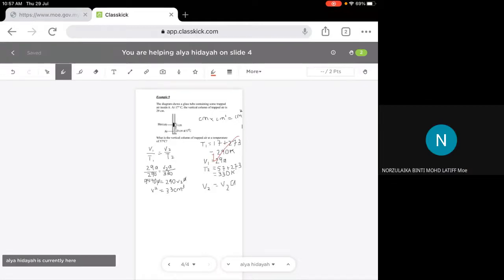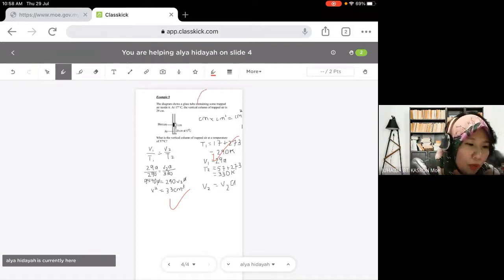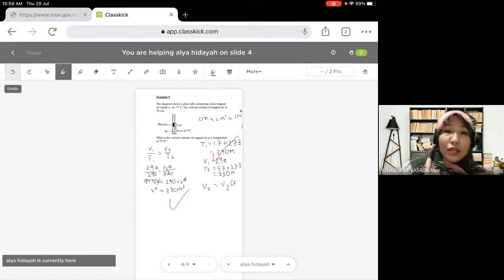Just write V2 A is equal to 29A and just cross it, teacher. Yes, because we use the same tube, so the same tube means the area is same. So we can cancel off V1, V2, A and A.